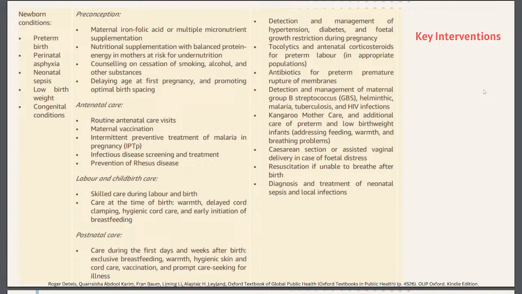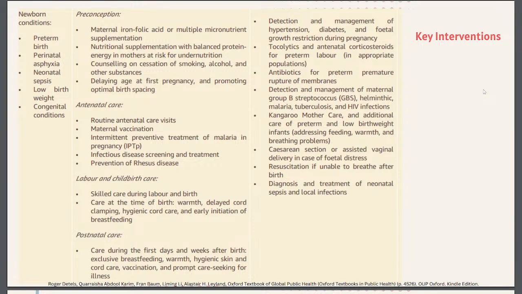Care at the time of birth: warmth, delayed cord clamping, hygienic cord care and early initiation of breastfeeding. It might look very simple. Care at the time of birth involves the 5 cleans, 7 cleans that you will learn, because what were the commoner causes of neonatal mortality? Preterm births and sepsis.